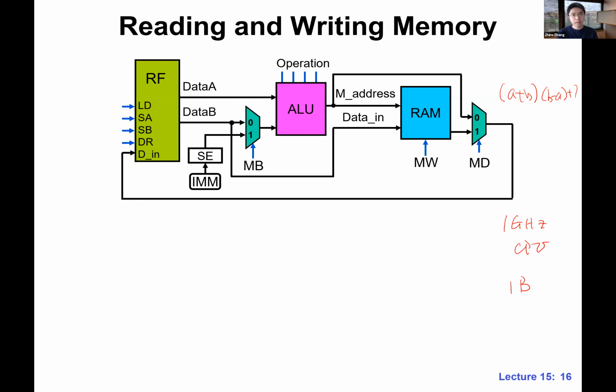So that means it's going to produce a lot of intermediate results, right? We may have up to 1 billion intermediate results. Do we want to put these intermediate results in the RF using flip-flops, using registers? Is that a good idea? Maybe not, right?